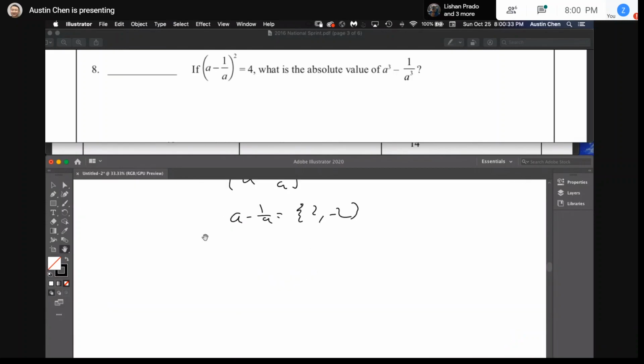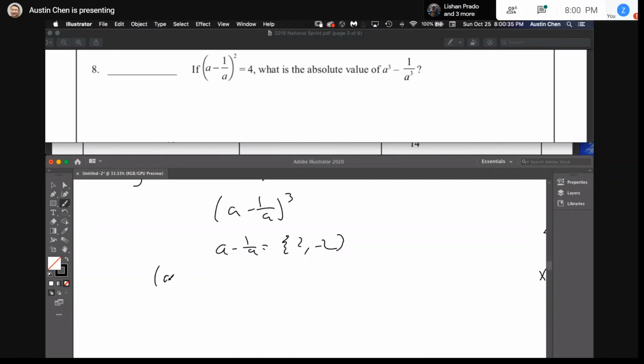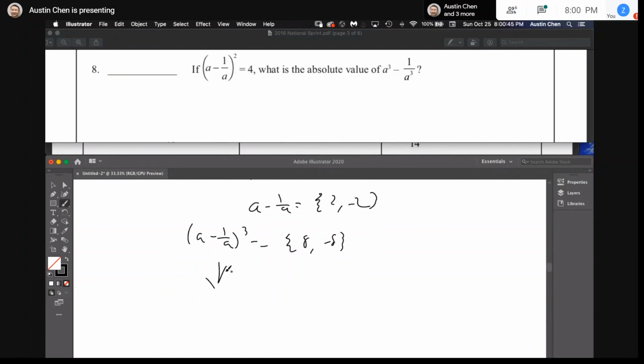Okay, so that means a minus 1 over a, cubed, is going to equal 8 or negative 8. And we also want to expand this. So then we have a cubed minus 1 over a cubed, and then we have minus 3a, and then plus 3 times 1 over a, right?